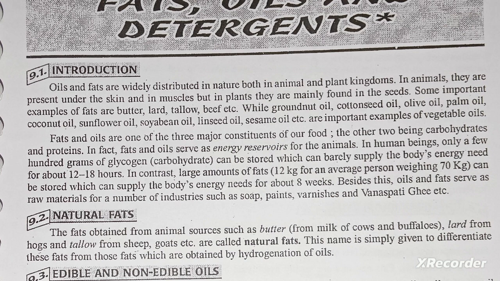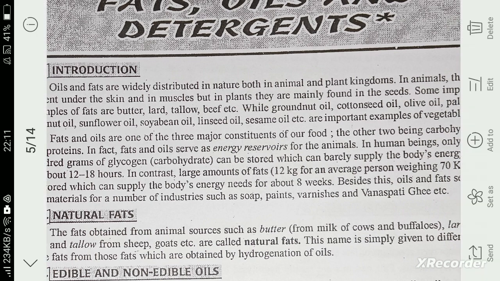In contrast, a large amount of fat, 12 kg for an average person weighing 70 kg, can be stored, which can supply the body's energy need for about 8 weeks. Besides this, oils and fats serve as raw material for a number of industries such as soap, paints, varnishes and vanaspati ghee, etc.